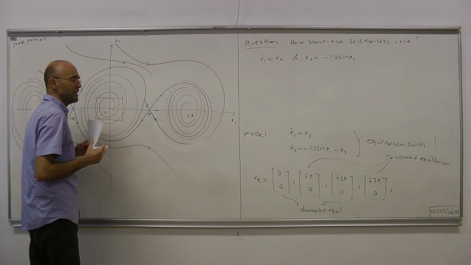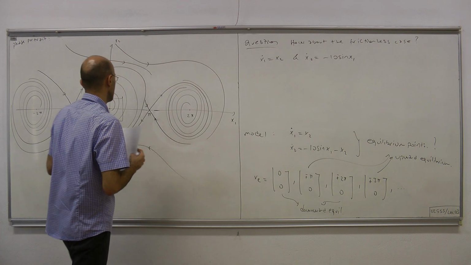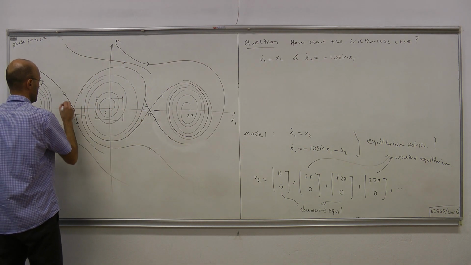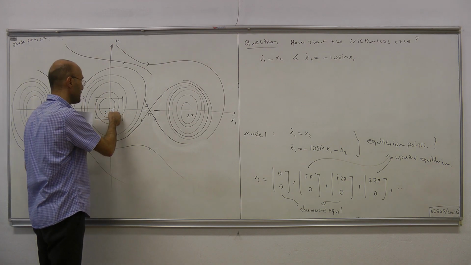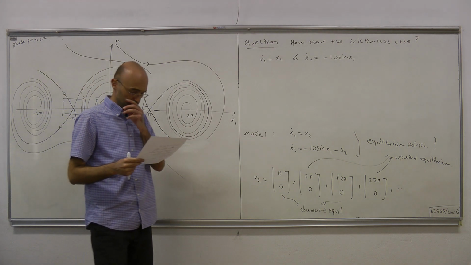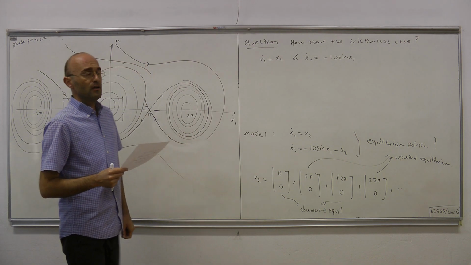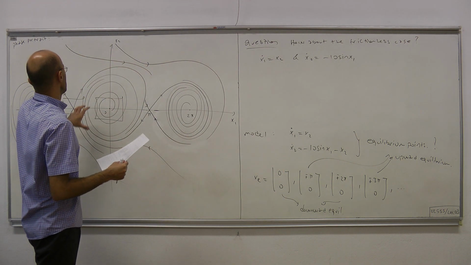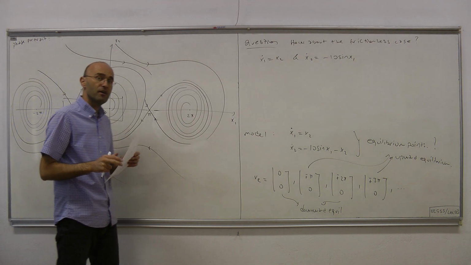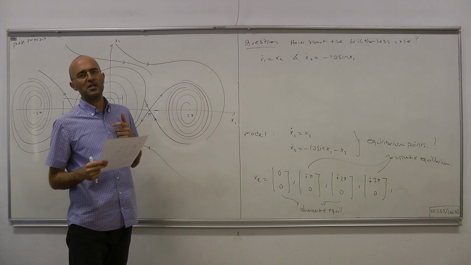Now, if we were interested in the local behavior, what happens here, for instance, or what happens here, this is the stable equilibrium point, and this is the unstable equilibrium point. If we were only interested in the behavior around the equilibrium point, we could have used linearization.